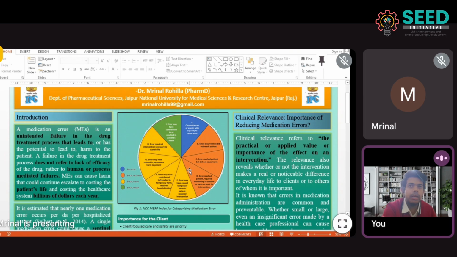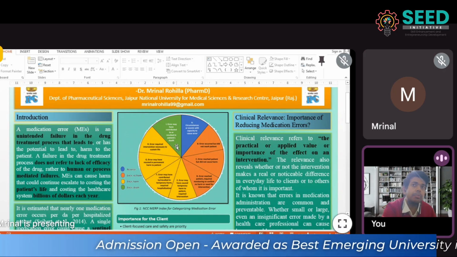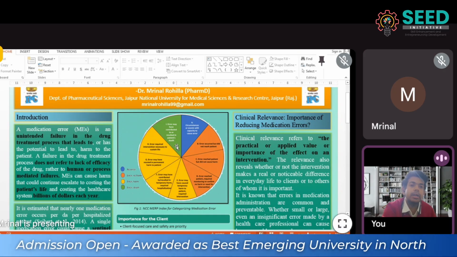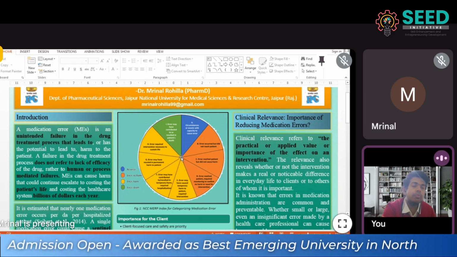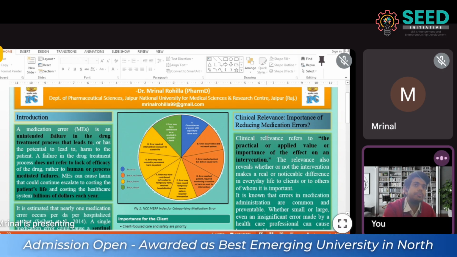Then type G, where the error may have resulted in permanent harm to the patient, and type H, where the error required intervention necessary to sustain life. The last type of error is known as type I, where the error may have contributed to or resulted in patient death. It is the most harmful type of error, resulting in the loss of the patient's life.